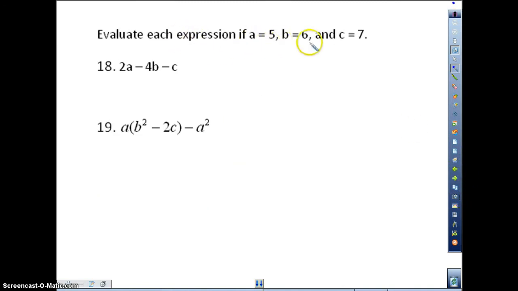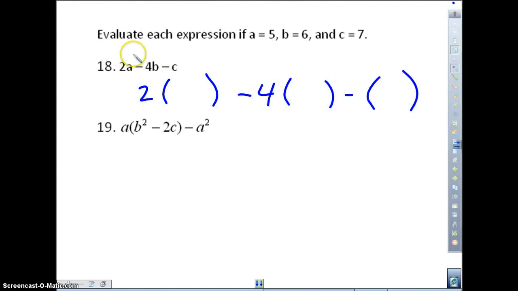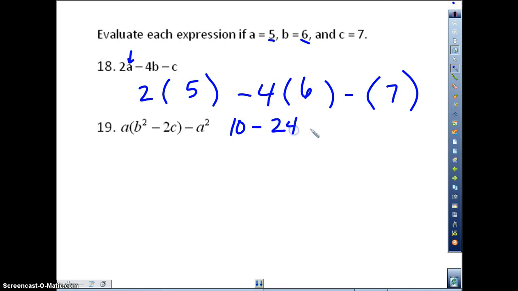Evaluate the expression if A is 5, B is 6, and C is 7. 2 times A minus 4 times B minus whatever C is. What do they want you to use for A? That goes there. What do they want you to use for B? B is going to go here. What do they want you to use for C? Yeah, 7 goes here. We're going to multiply before we subtract. 2 times 5 is 10. 6 times 4, 24.